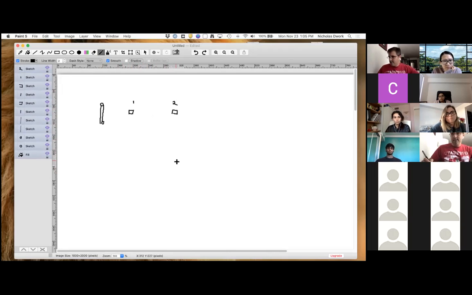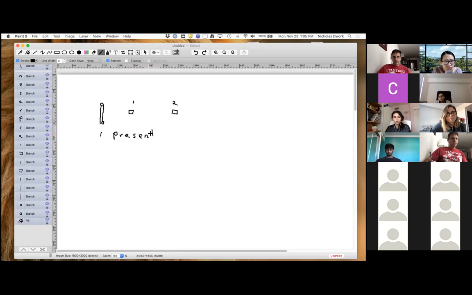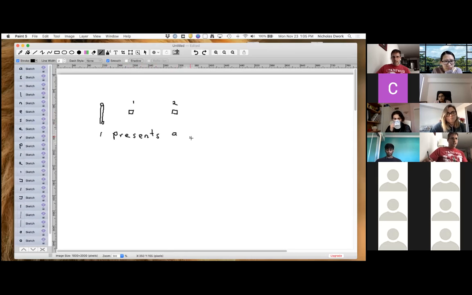Any ideas? The closer one, right? The closer you are to the coil. So 1 presents a much stronger signal than 2.